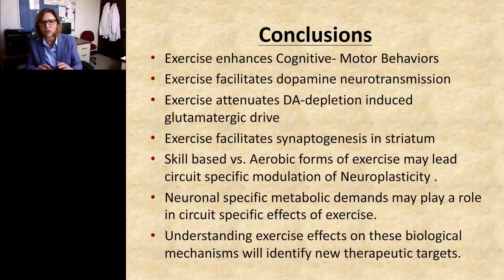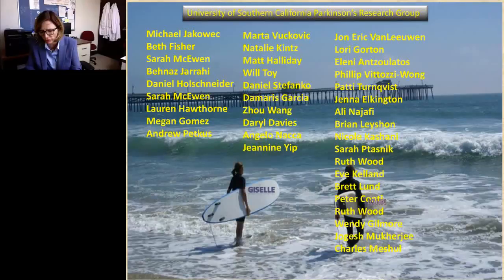And so this specific metabolic demand may be what underlies some of the specific effects of exercise. Obviously, trying to understand how this is happening could lead to some very interesting mechanisms that may allow us, with exercise, to modulate some of these benefits and drive synaptogenesis and repair.